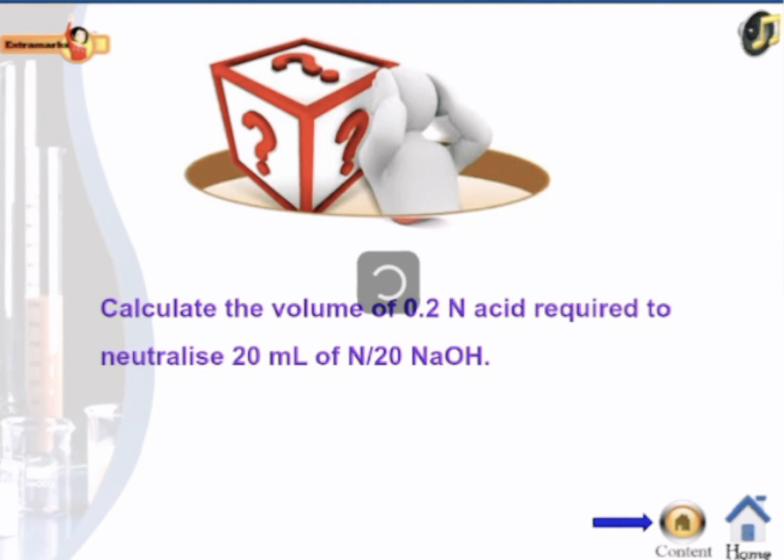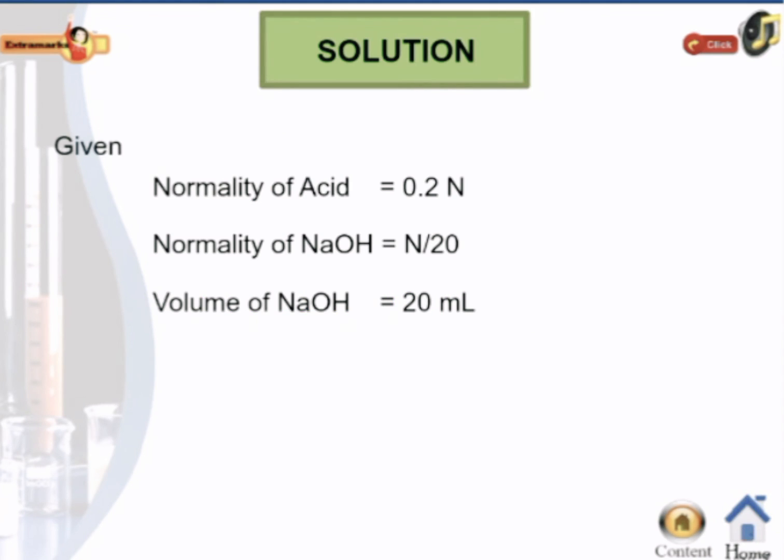Let us solve a numerical. Calculate the volume of 0.2 normal acid required to neutralize 20 milliliters of N upon 20 sodium hydroxide. We are given the normality of acid is equal to 0.2 N. The normality of sodium hydroxide is equal to N by 20.